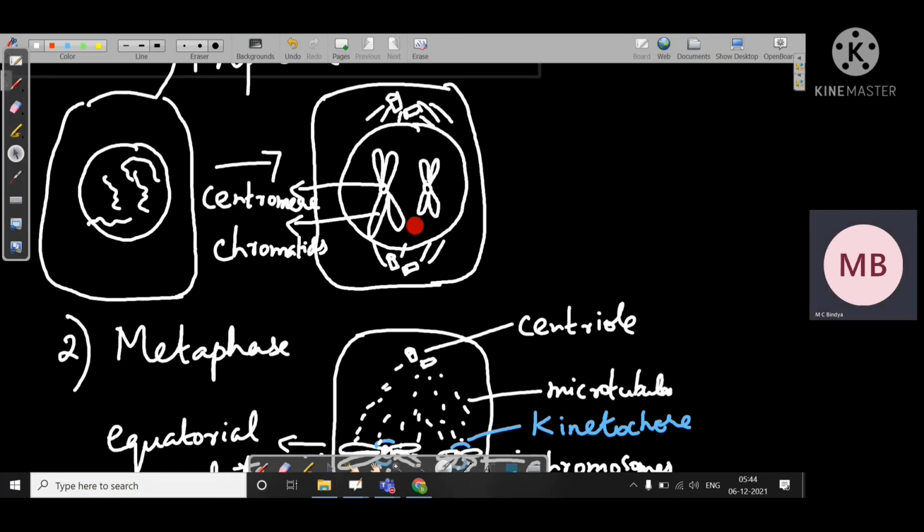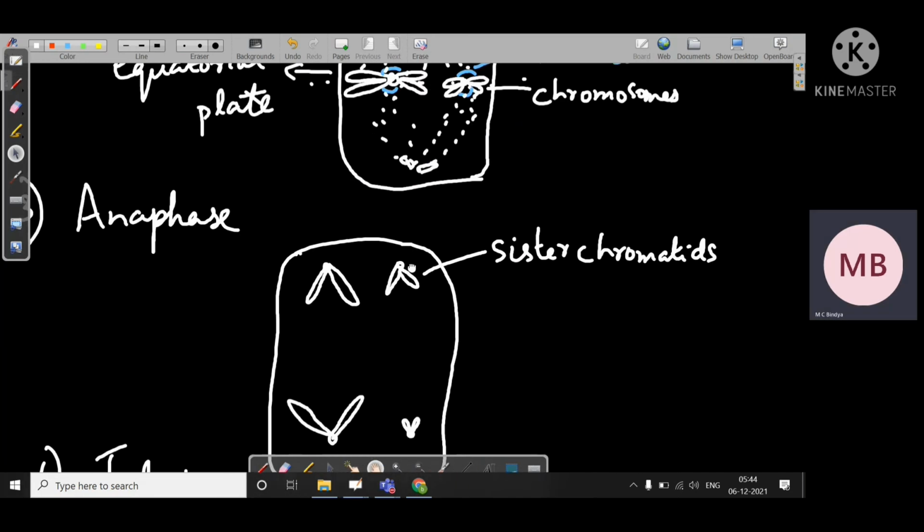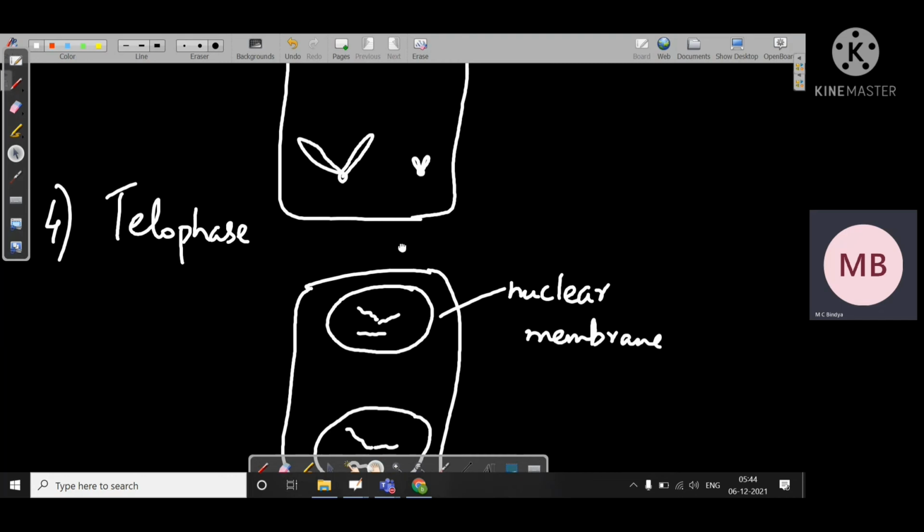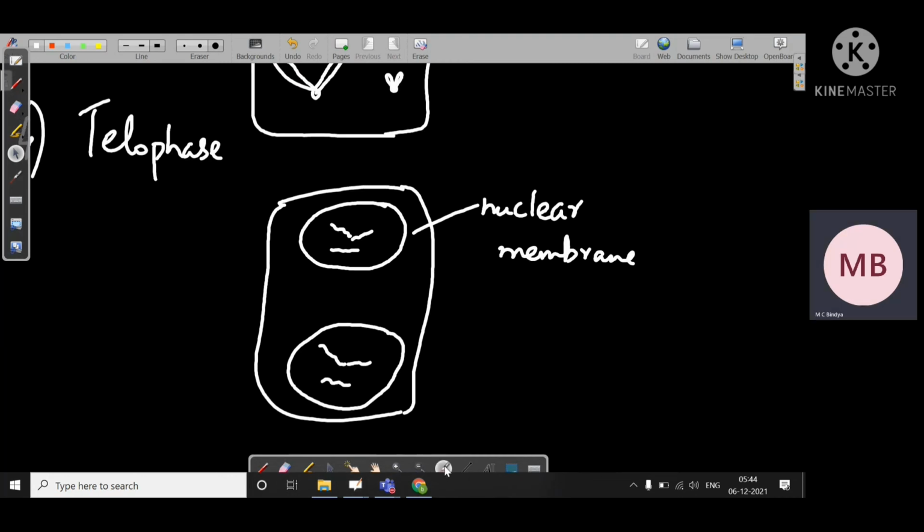After the nuclear division also there are two chromosomes in each nucleus, which is why mitosis is also called equational division.